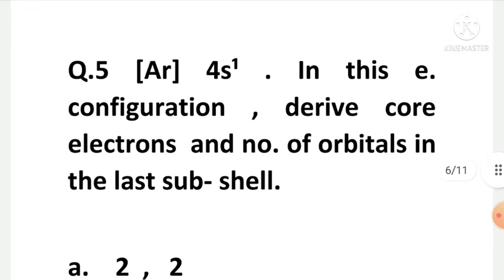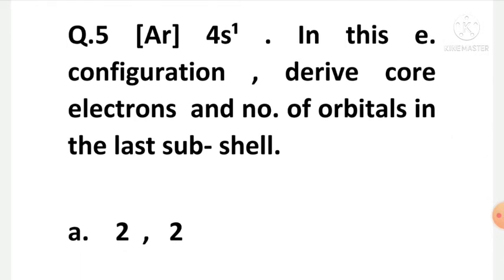Question number 5. Argon 4s1. In this electronic configuration, derive the core electrons and the number of orbitals in the last subshell.